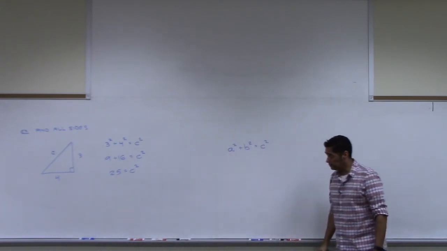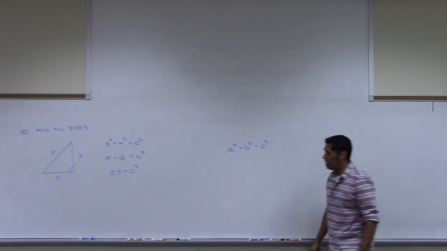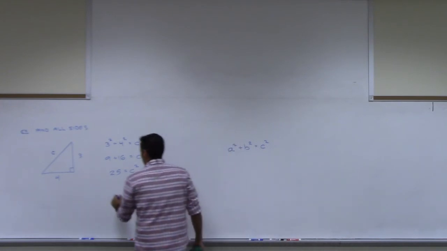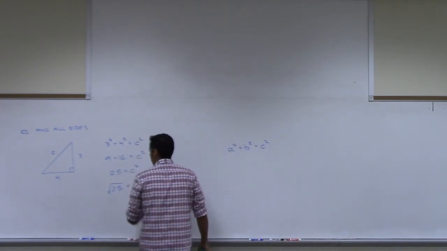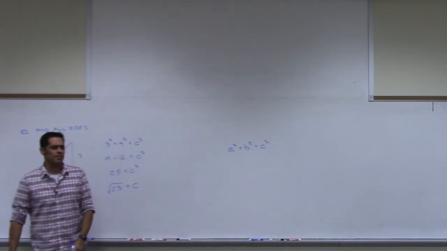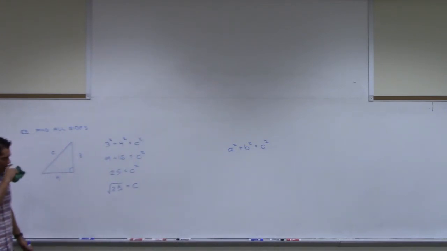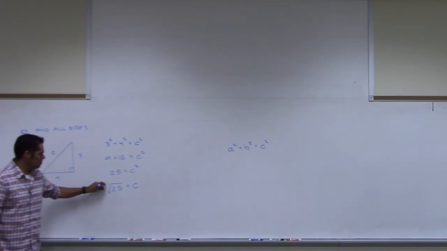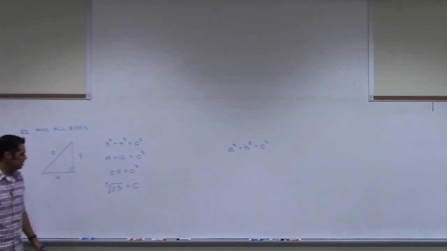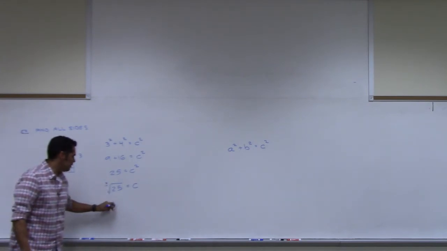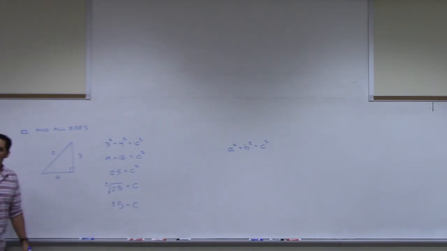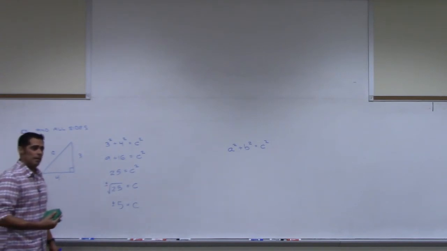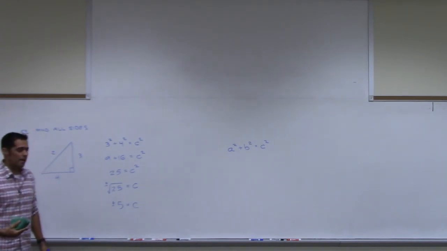And now what? Square root both sides? Wait a minute, though. I hope that in college algebra you were taught that when you take the square root on both sides, you're always supposed to do what? Plus or minus, right? I'm technically supposed to put plus or minus here, and then I'm supposed to get plus or minus 5 for C. And this is where you have to start thinking about the difference between an algebraic problem and a geometric problem, all right?